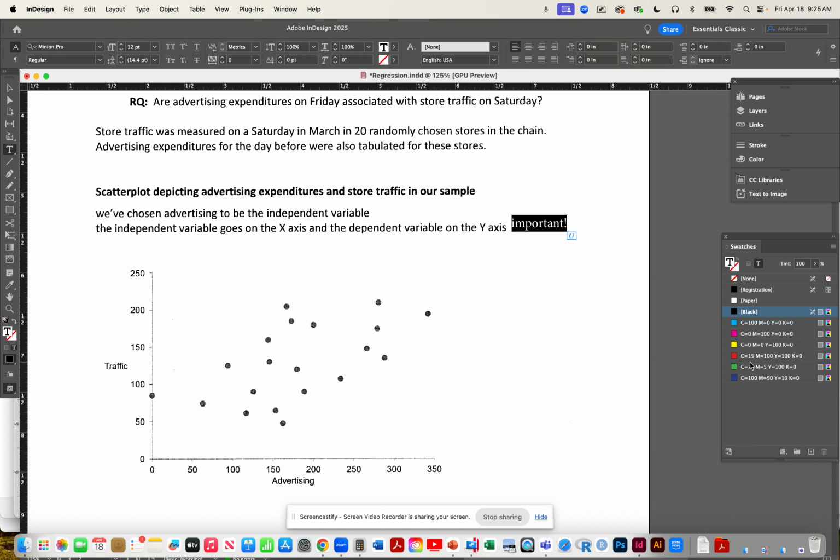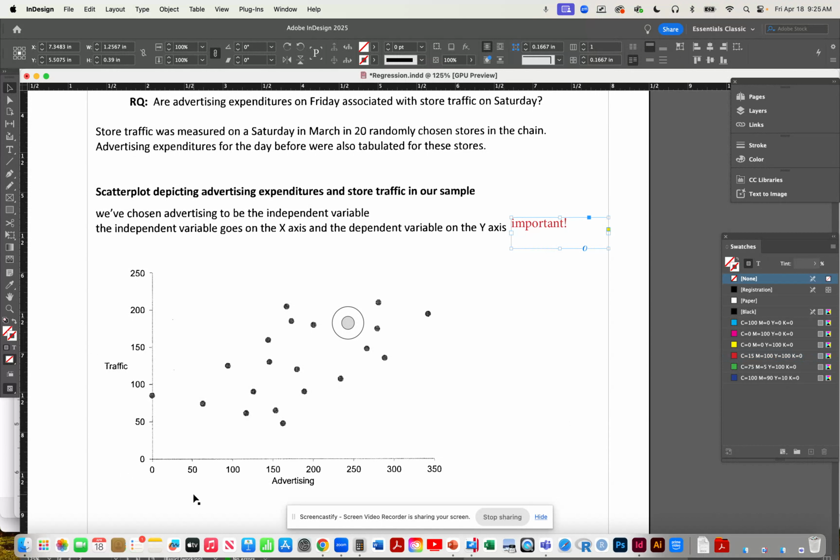The independent variable goes on the x-axis and the dependent variable on the y-axis. All right, with that background information, in the next video, let's put a regression line here.